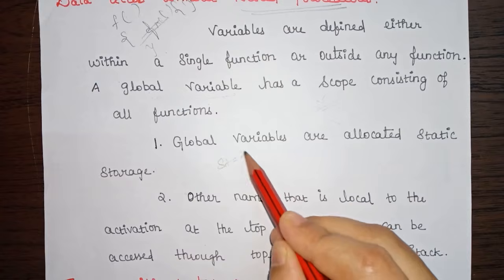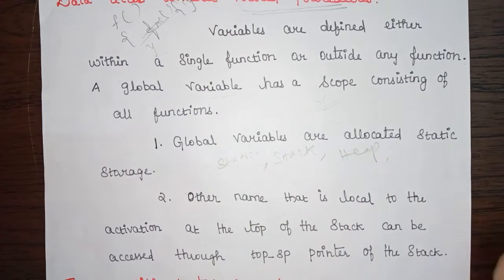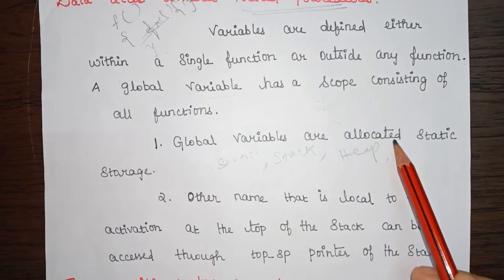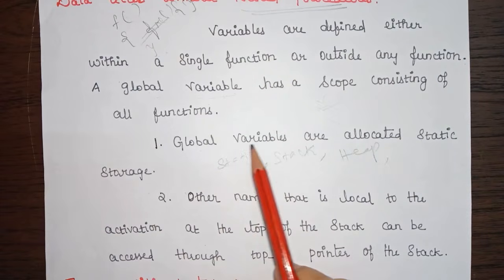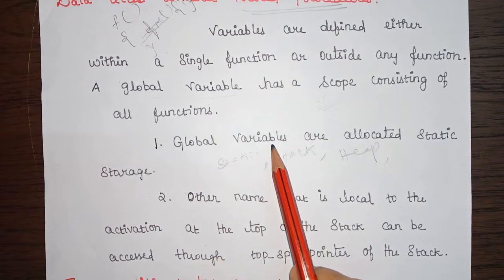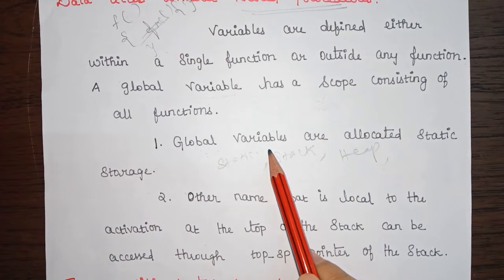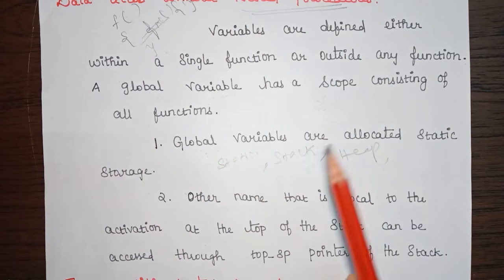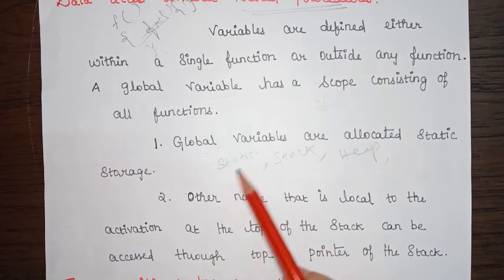It contains static storage, stack allocation, and the heap area. Global variables are allocated static storage because the size of the global variables is fixed during compile time itself. It remains fixed throughout the program, and this size can be known at compile time. So access to these variables is also very simple, since we are using static storage.